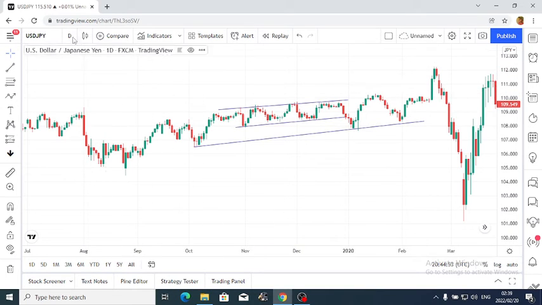This is a daily time frame, meaning every candlestick is made out of a day. So let's see how long it takes the market to reach this candlestick until you take your trade. You're going to wait for 1, 2, 3, 4, 5, 6, 7, 8, 9, 10, 11, 12, 13, 14, 15, 16, 17, 18, 19, 20, 21, 22, 23, 24.